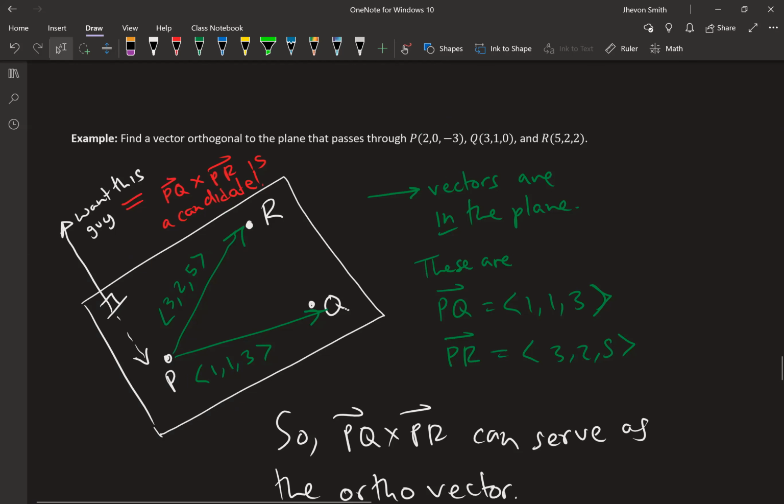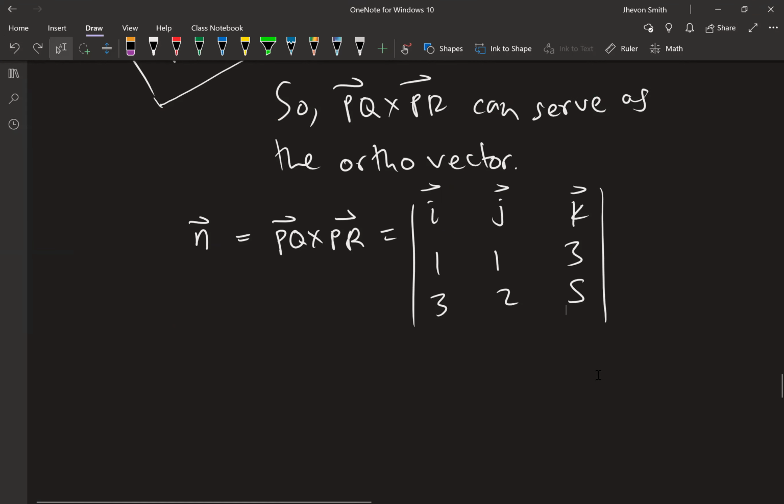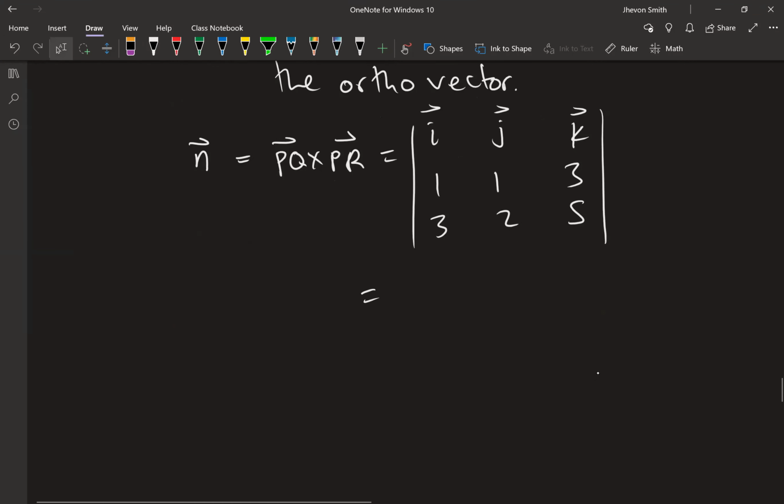You can get the answer that's going down here. But it really doesn't matter. It'll still be orthogonal. And now we know how to actually compute this. You should be able to do it in your head after a little while. So this is going to be 5 minus 6. The middle term is going to be, and you can even skip writing the negative sign, just do the diagonal in the opposite way, 9 minus 5.